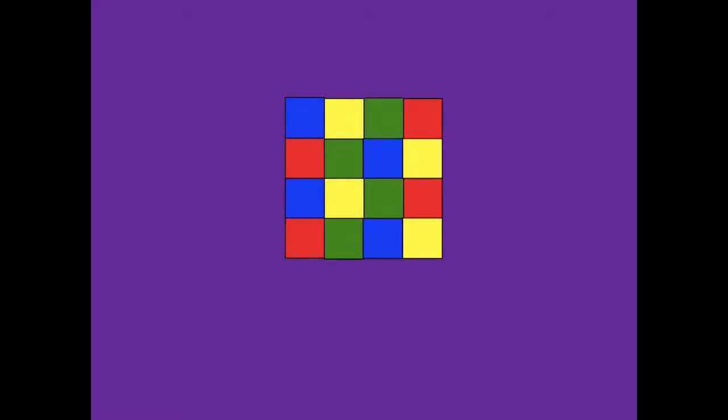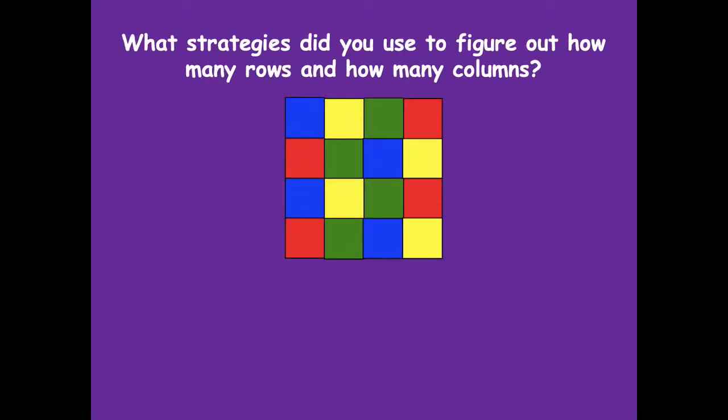Otherwise, here's my array. What strategies did you use to figure out how many rows and how many columns? How did you figure it out? Like you had 16. How did you know where to start? Well, I don't know about you guys, but I could say that maybe I started counting by groups of 2. So I could start with like 2, 4. But then I realized that I made groups of 4.